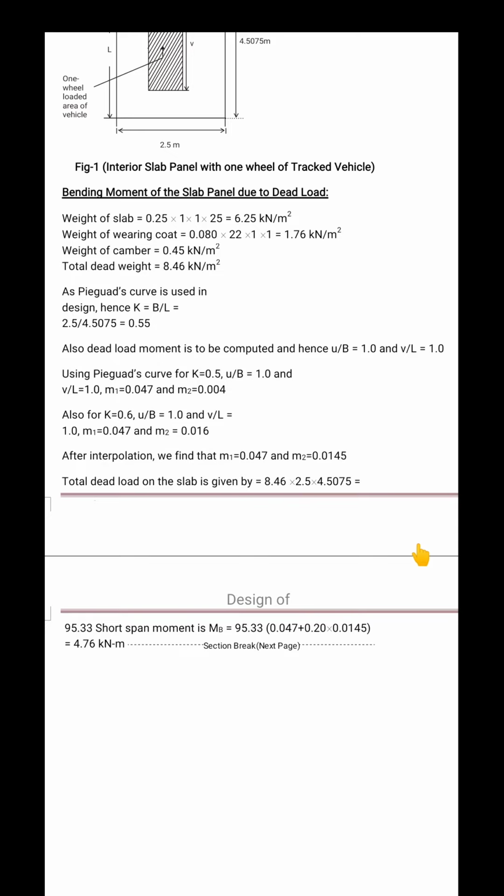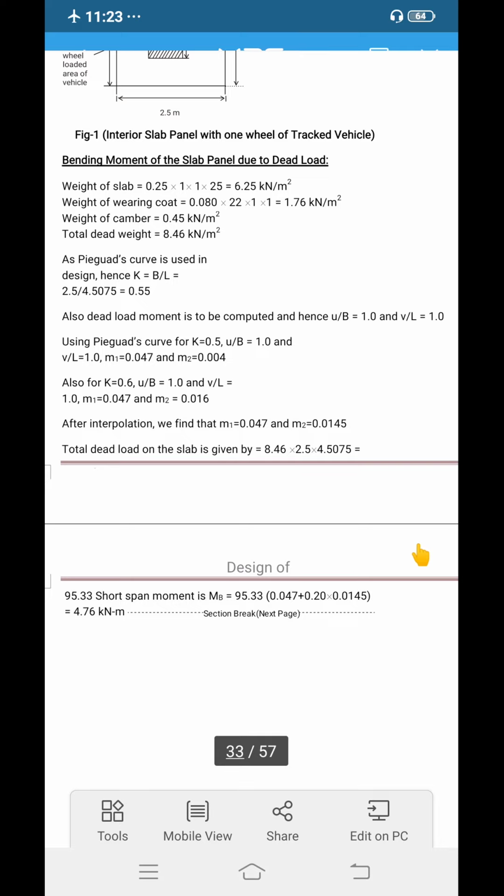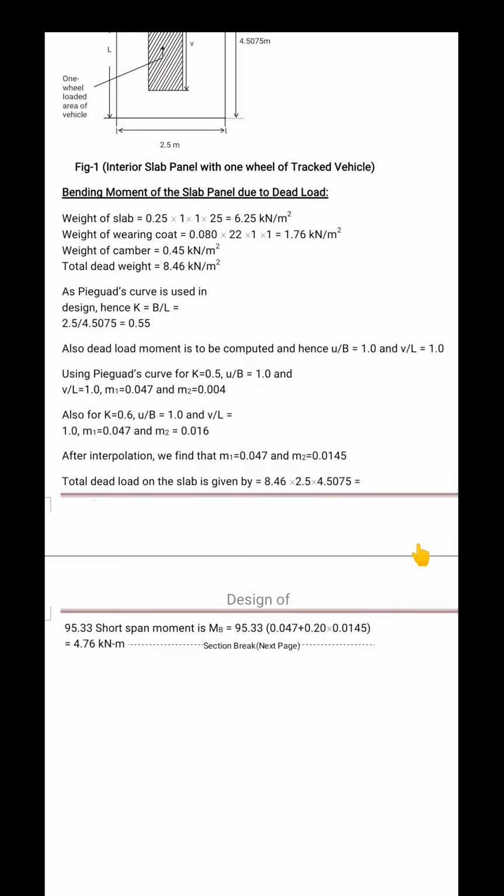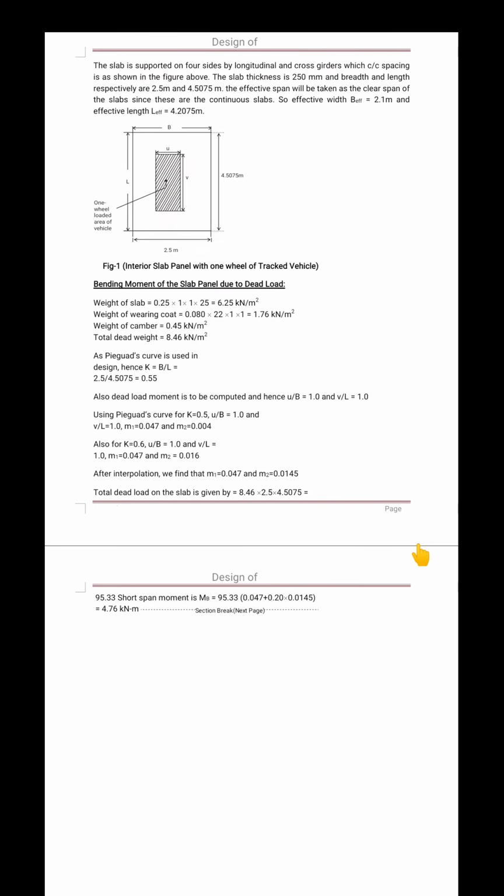So total dead load on the slab is given by 8.46 kilonewton per meter square total load acting on it, and 2.5 and 4.507 is the width and breadth of the slab. So collectively it is 95.33.